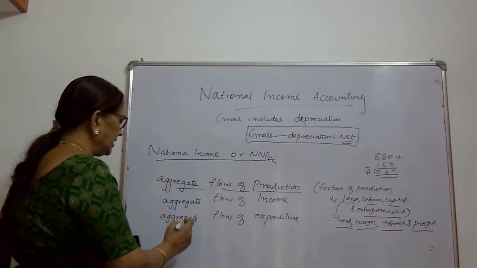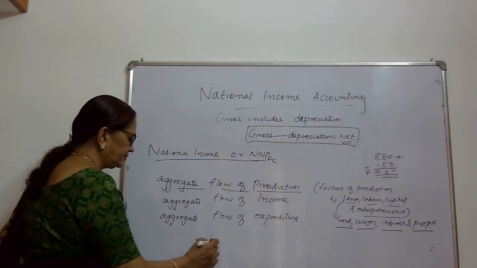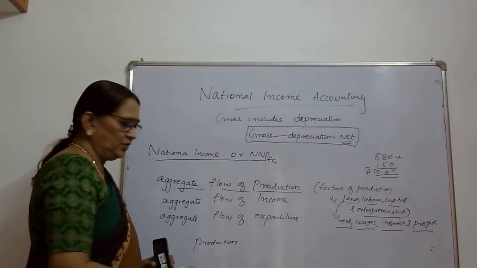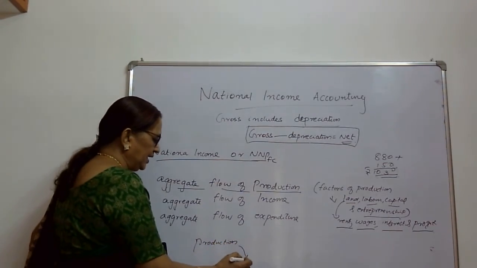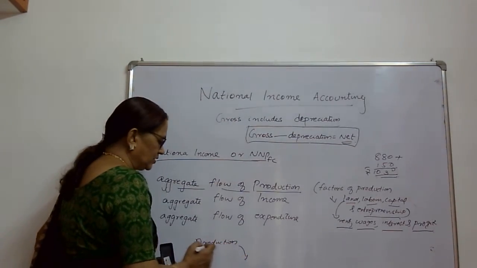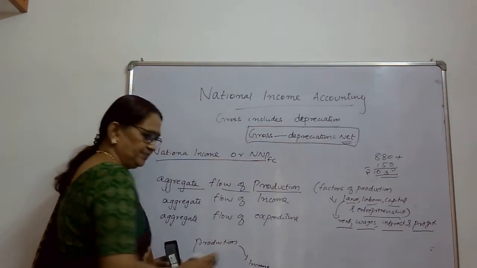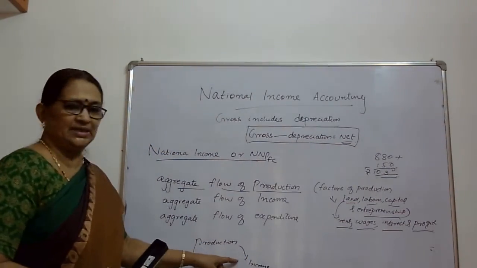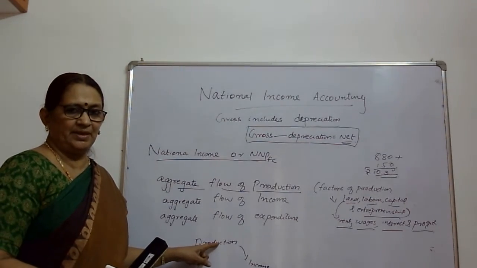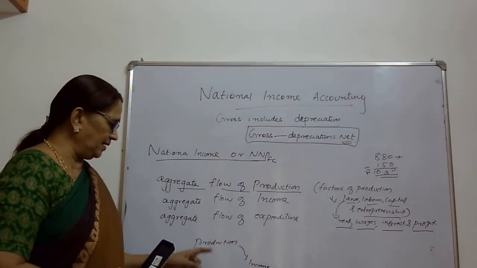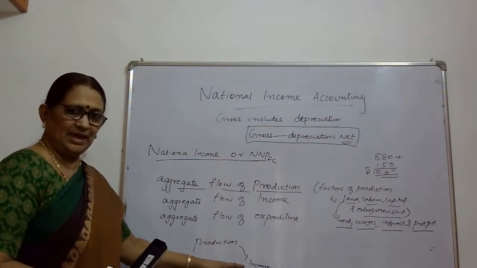So the production happens by using the factor inputs. The income goes to the household. So production generates income. How production generates income? Production is done by using factor inputs. These factor inputs are getting an income. So production generates income.